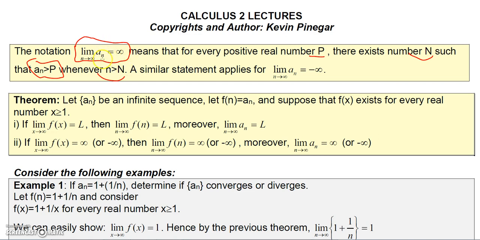And so that just means that the limit of the sequence goes to infinity. And there's a similar statement to say the limit of a sequence goes to negative infinity.